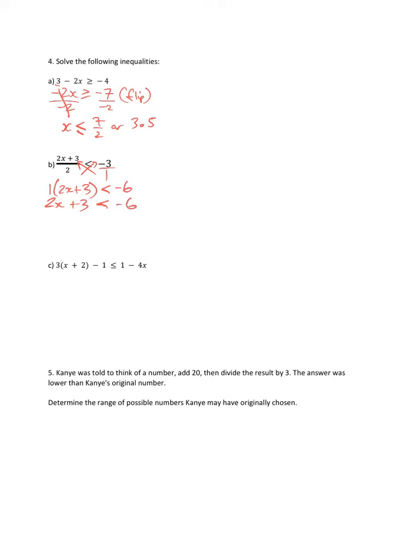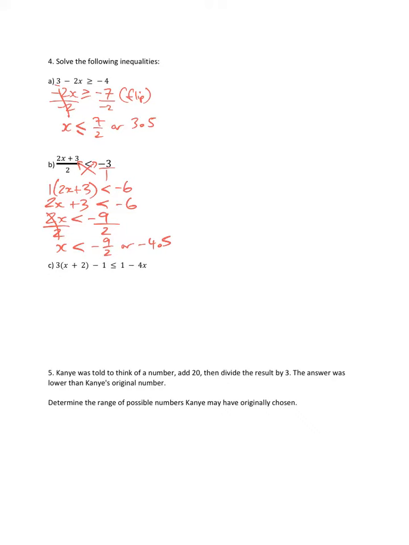Get rid of the plus 3 by taking 3 from both sides. Take 3 from negative 6 is negative 9. To get rid of the times by 2, divide by 2 on both sides. I'm dividing by a positive number on both sides, so I don't need to flip. So x is still going to be less than negative 9 on 2. Or, what's negative 9 on 2? Negative 4.5.